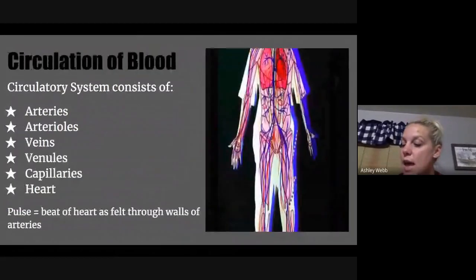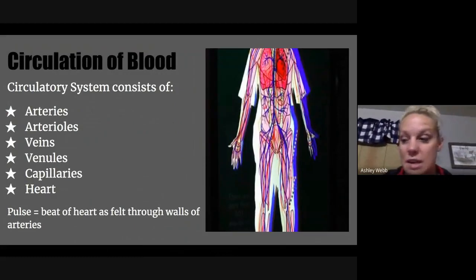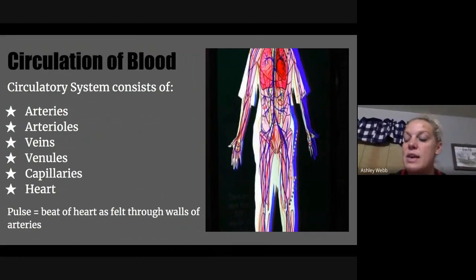When we look at the circulation of blood, I've really cut this down. We just talk about how the circulatory system is made up of the arteries, arterioles, veins, venules, capillaries, and the heart. And if we're defining pulse, it's the beat of our heart as we feel it through the arteries.